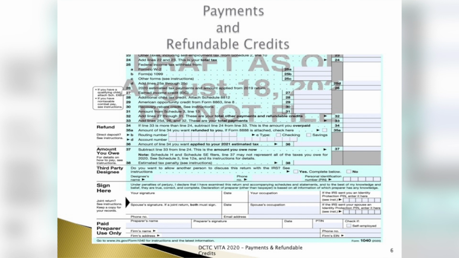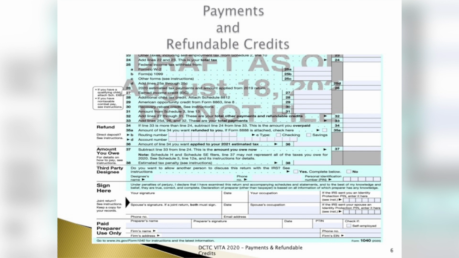Recovery rebate credit is authorized by the Coronavirus Aid, Relief, and Economic Security Act, which is the CARES Act. See publication 4012, page H-8 for additional information. Now, line 32 is the amount from Schedule 3, line 13. Do you recall what Schedule 3 is?